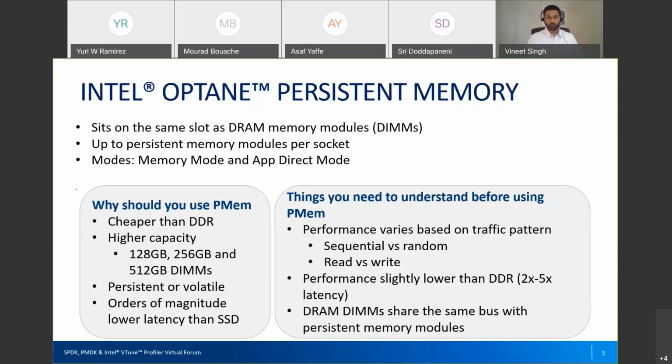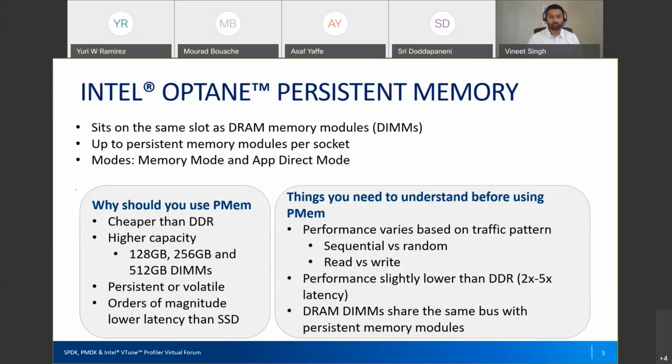That was the good part. Now, in order to use this technology, there are a few things that you need to be aware of. The first and foremost thing is that the performance of PMM varies with the traffic pattern that it's observing. Whatever software you are running, whatever the memory access traffic pattern is being generated, that will affect the performance you are getting out of PMM.